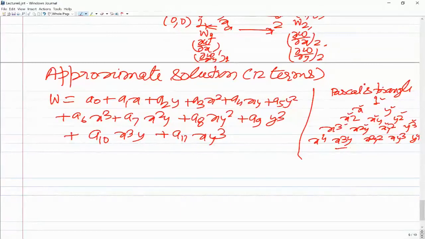Sir, then why did we not include x square y square? We cannot include that because we want to have a 12 term approximate solution. If we include x square y square, then that's only one term. And then for the other term, we will take either x cube y or xy cube, so the form of the solution will not be geometrically invariant.